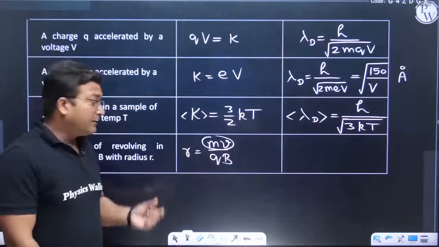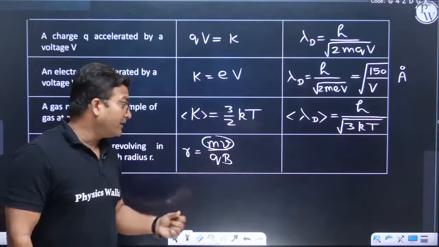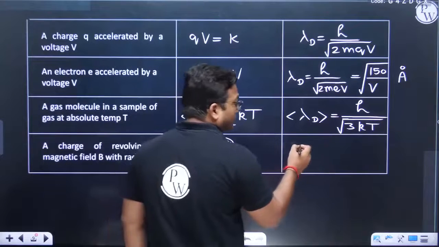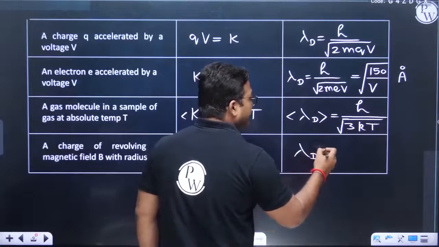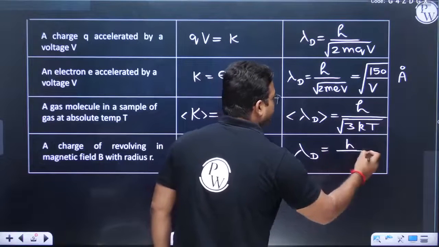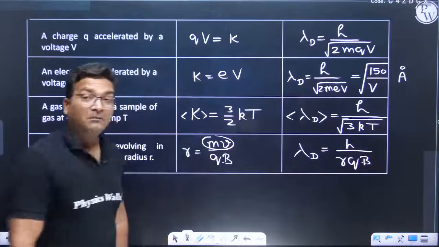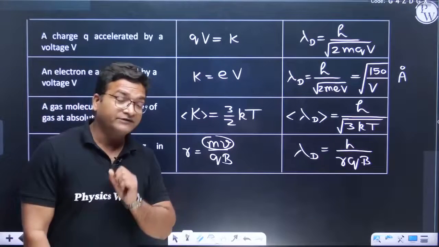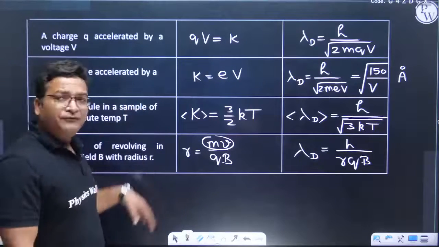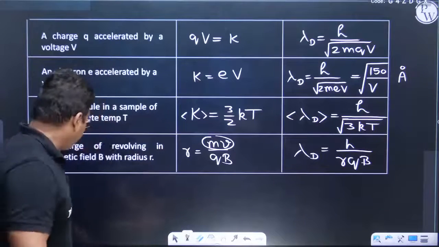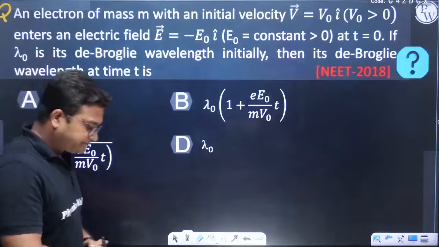If you are given the radius, the charge and the magnetic field, the momentum is r qB. And this time if they ask what the de Broglie wavelength is, it would be h divided by r qB, because it is h by the magnitude of momentum. Always remember this. So these are the few variations on which the problems can be asked in different examinations.